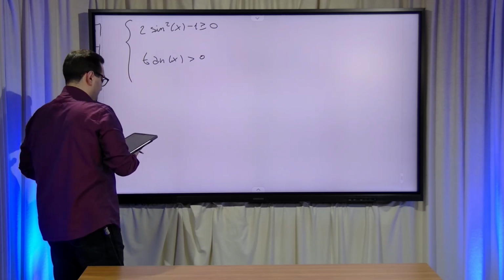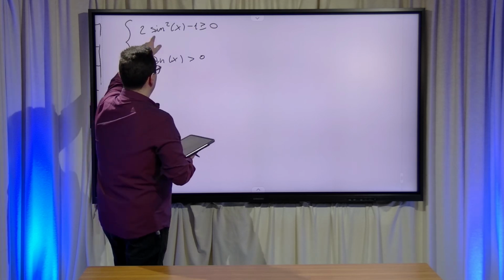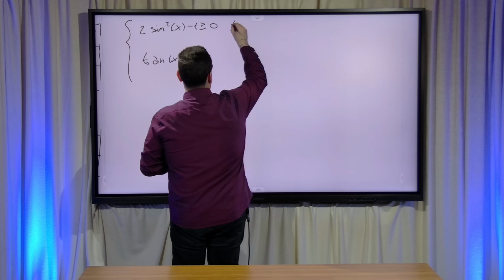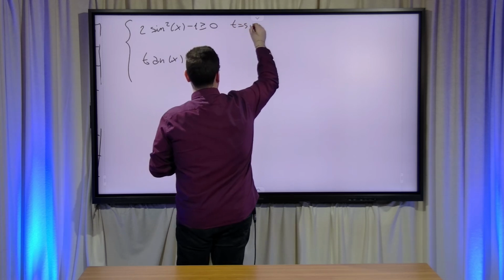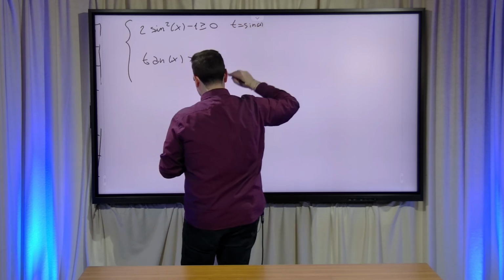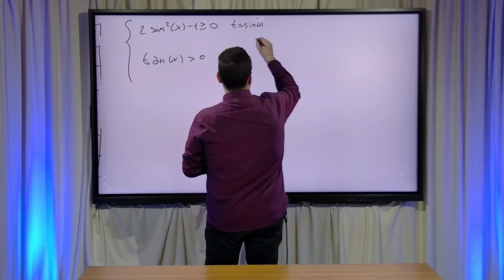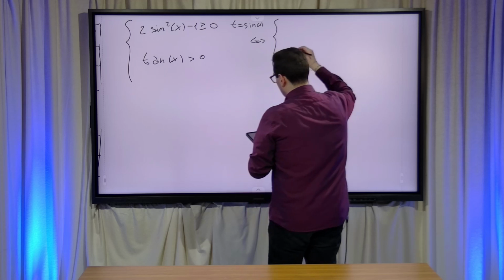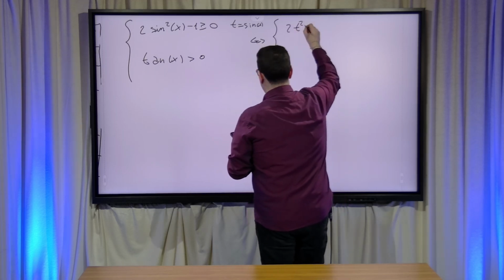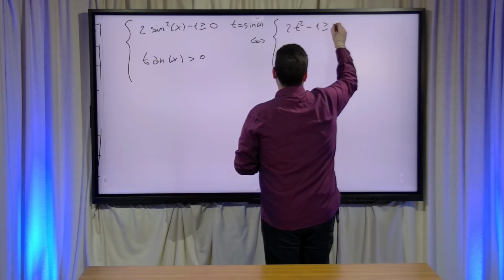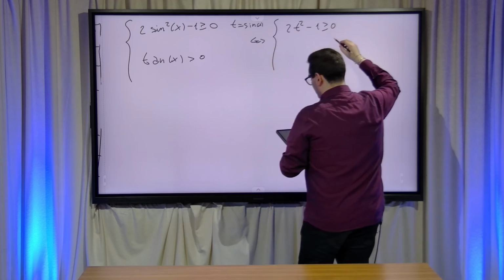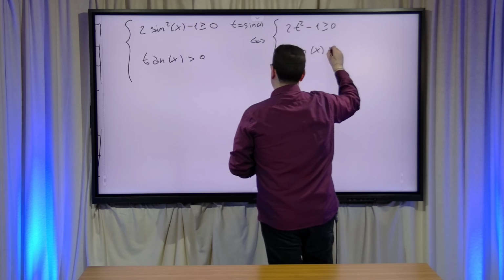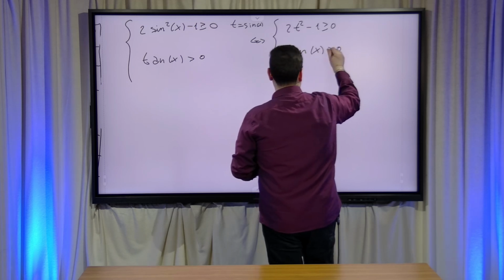Okay, so from the first one, I can place again t equals to sine of x, and I get this system. So 2t squared minus 1 greater than or equal to 0. And I will report the second one.